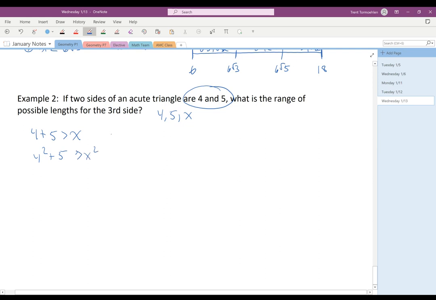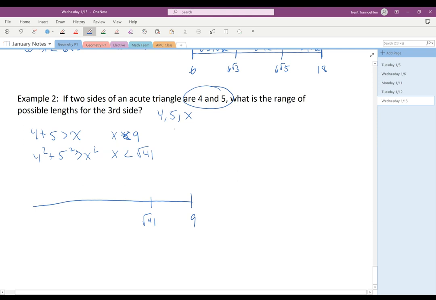And so that gives me x has to be less than 9, and x has to be less than the square root of 41, since 4 squared plus 5 squared is 41. So if x is the longest side, it has to be less than 9, and we also know that it has to be less than the square root of 41. And so when we're looking at our continuum, that's the largest x could be. And at the square root of 41, that's when it's a right angle.